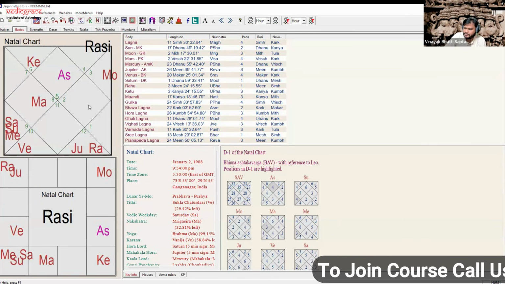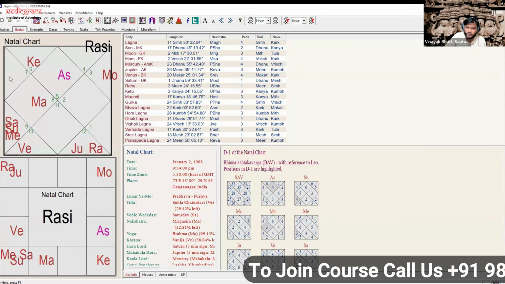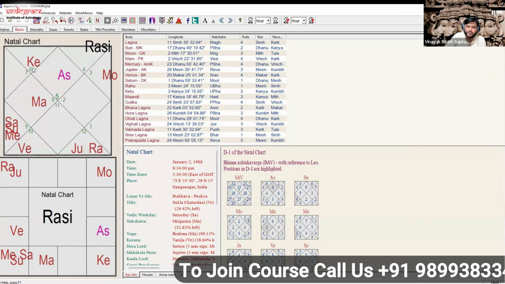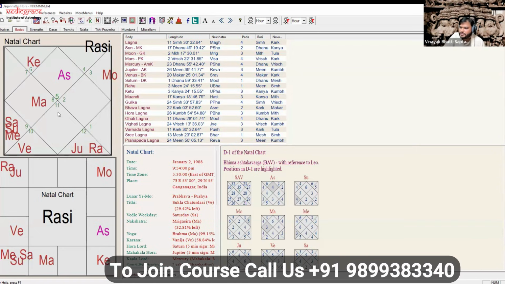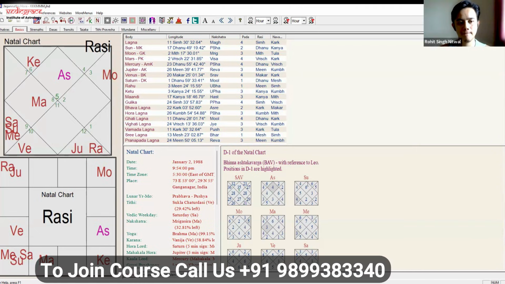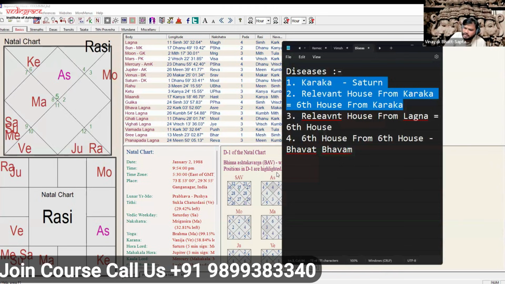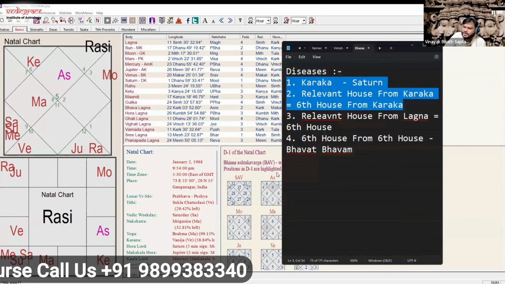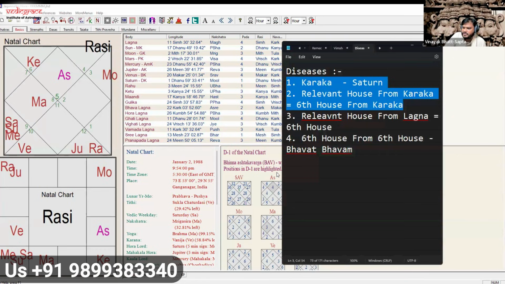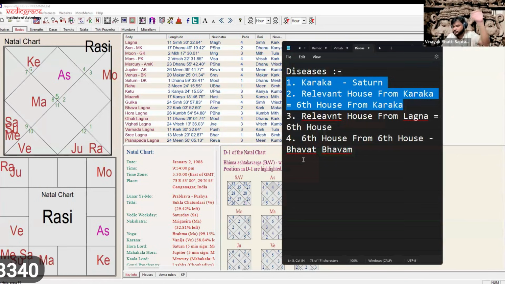The chart will be the same. So whatever event is promised, those promises are universal promises. That can be applied to every person born on that day. It means nature is blessing us all with these possibilities.